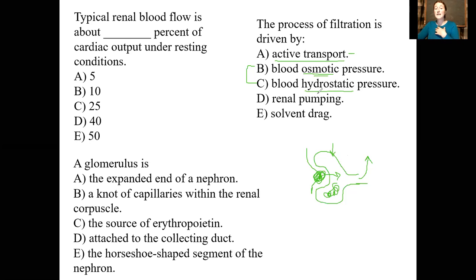Hydrostatic pressure is the pressure literally of the fluid itself, the physical pressure or the blood pressure, okay? So hydrostatic pressure is actually always pushing out of the capillaries in the glomerulus. And so the correct answer here is actually C. Okay, and so that one is a little bit trickier, absolutely.